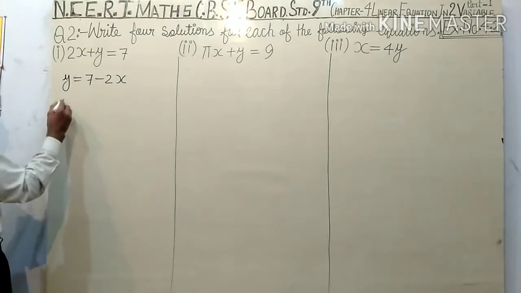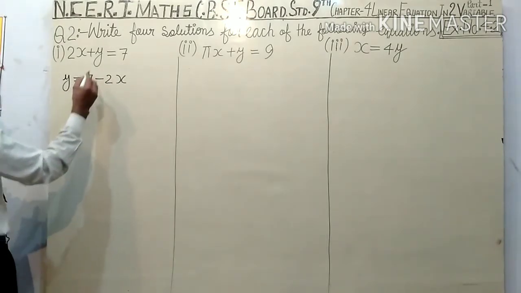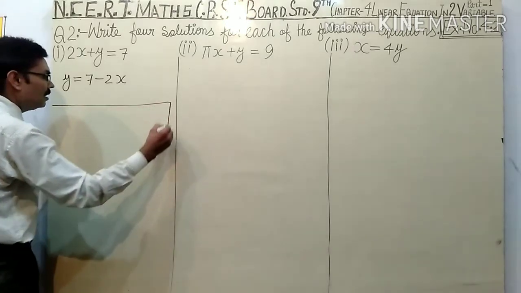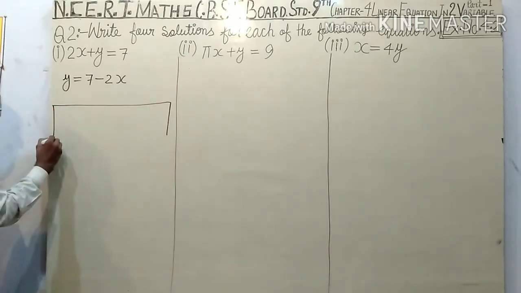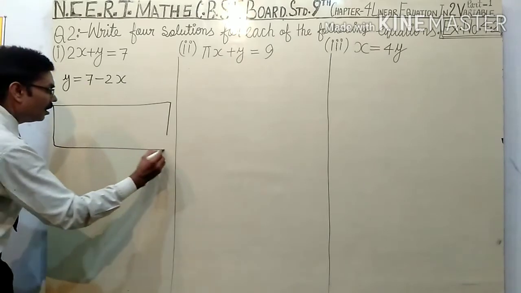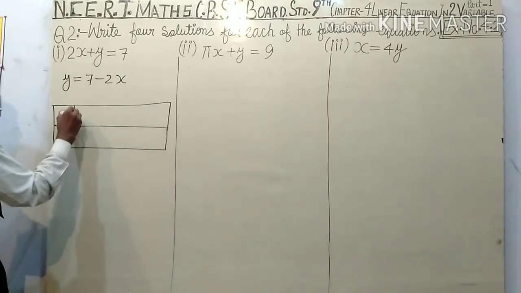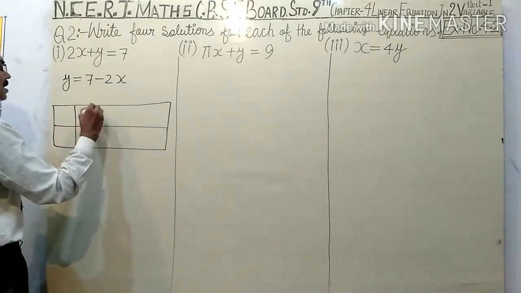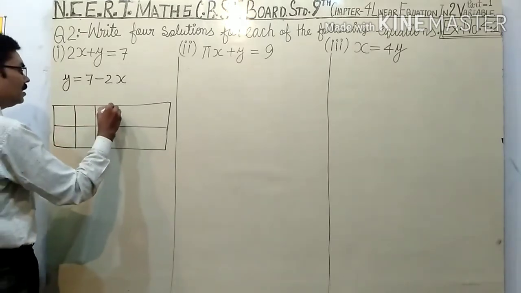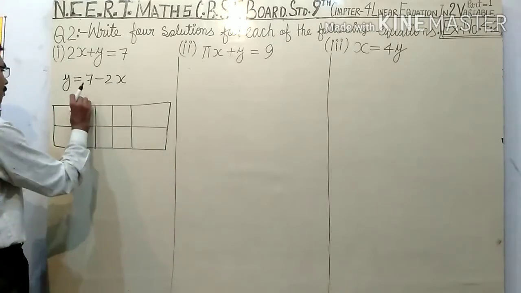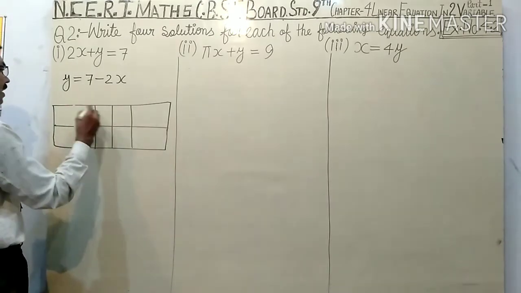Okay, now write a table for the given equation, that will be the solutions. So you can start with 4 solutions, 1, 2, 3 and 4.